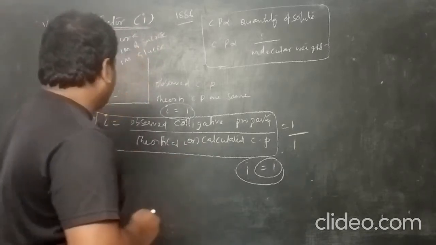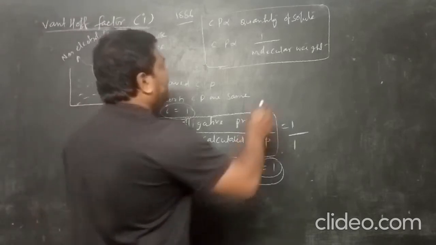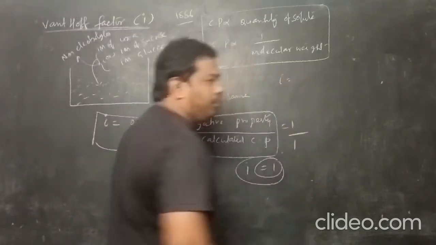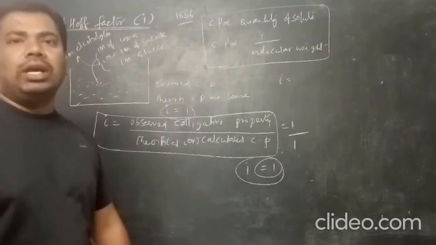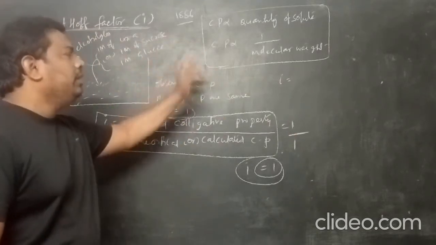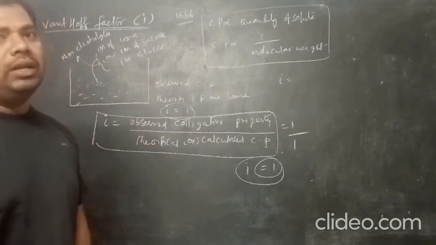Okay, and also here we can write the Van 't Hoff factor i. The colligative properties are directly proportional to the quantity of solute and inversely proportional to the molecular mass.